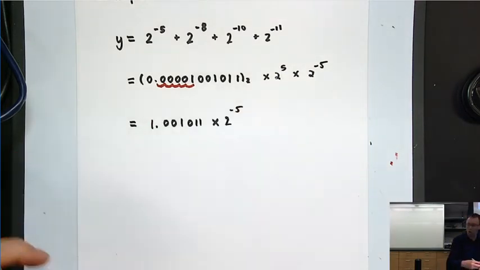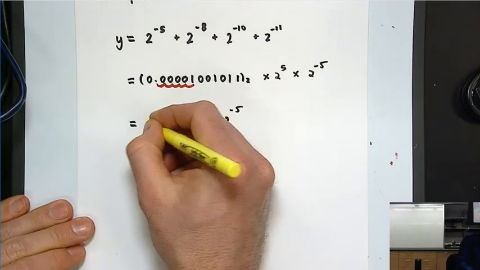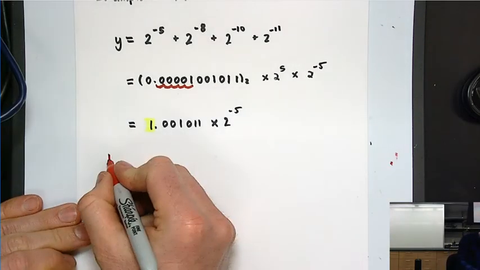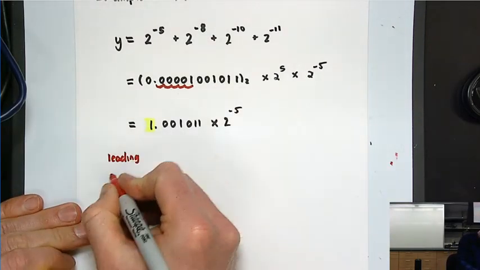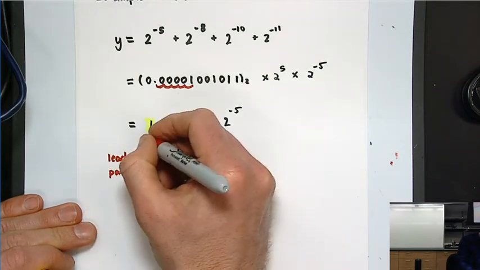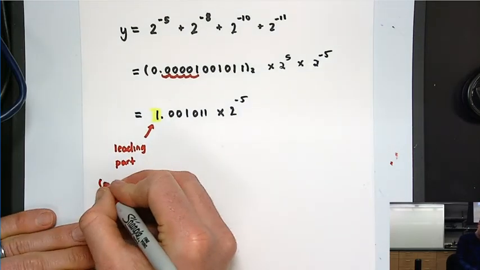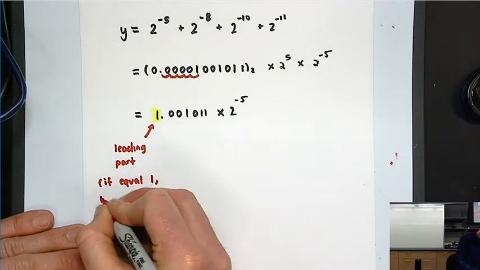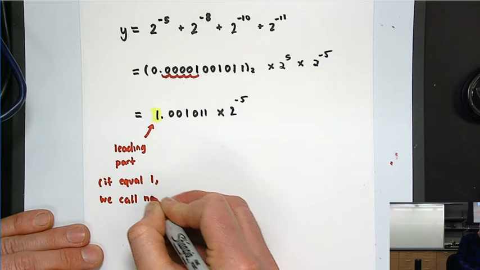And I want to start calling some names out. We're going to call this right here the leading point. If this is equal to 1, we call that normalized.